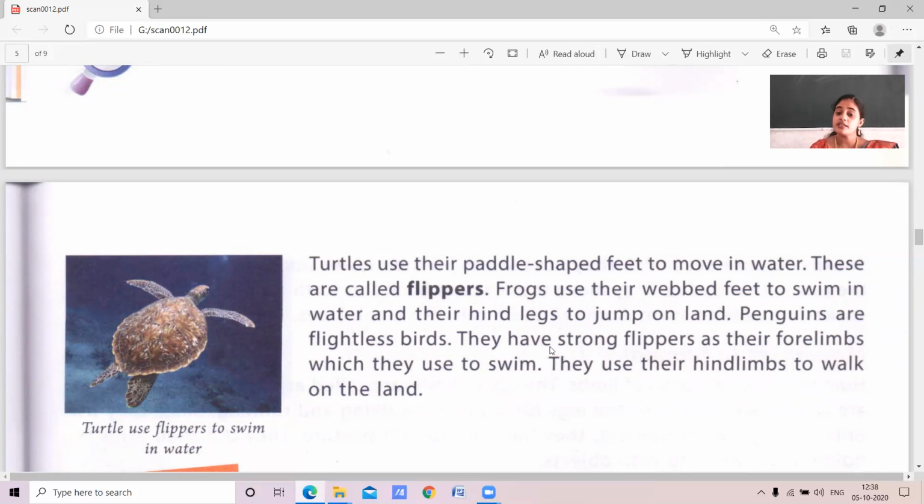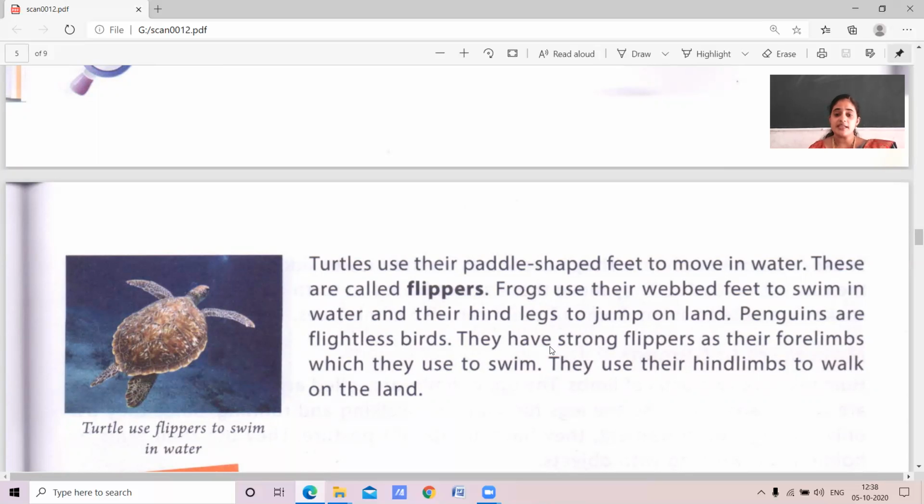Okay, now children, here turtles use paddle-shaped feet to move in water. Frogs use webbed feet to swim in water. And penguins are flightless birds. They use the flippers as their forelimbs, which they use to swim.